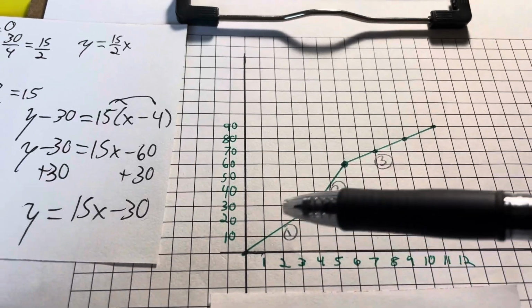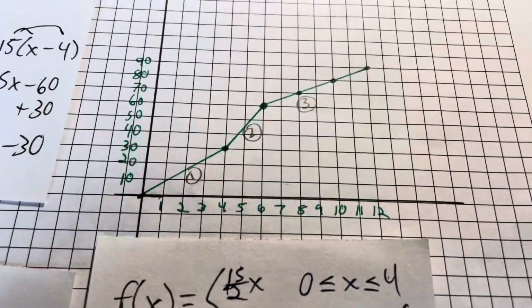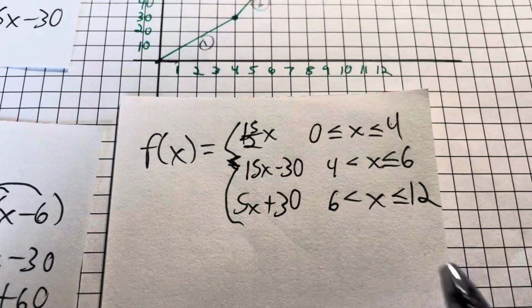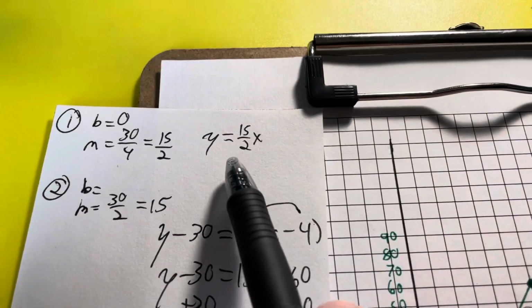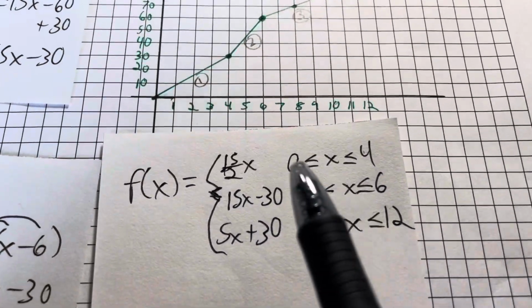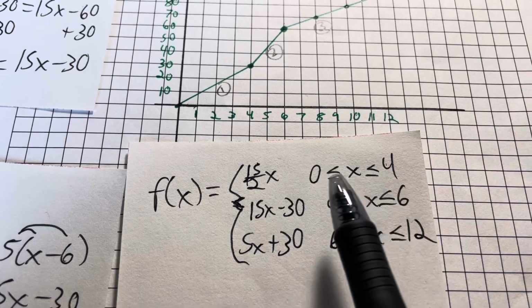It's the same idea. But this one starts at 0 and ends at 4. So in my first part of my piecewise function, I have y equals 15 over 2 x. Sorry for the handwriting. That was my first equation. And I did it from 0 to 4. If you want to use your interval notation here, go for it.